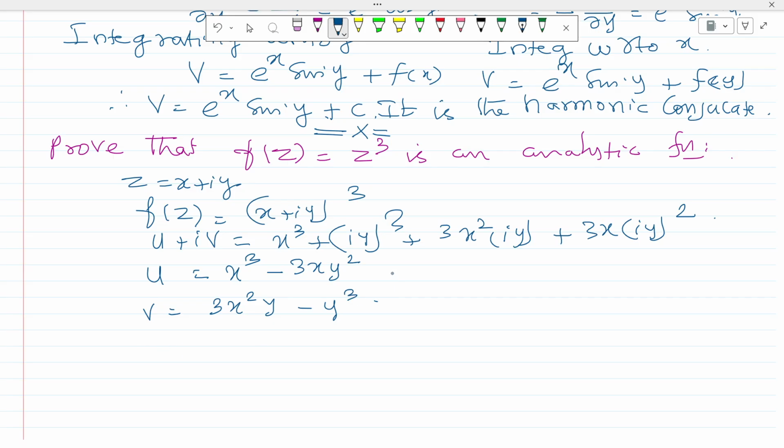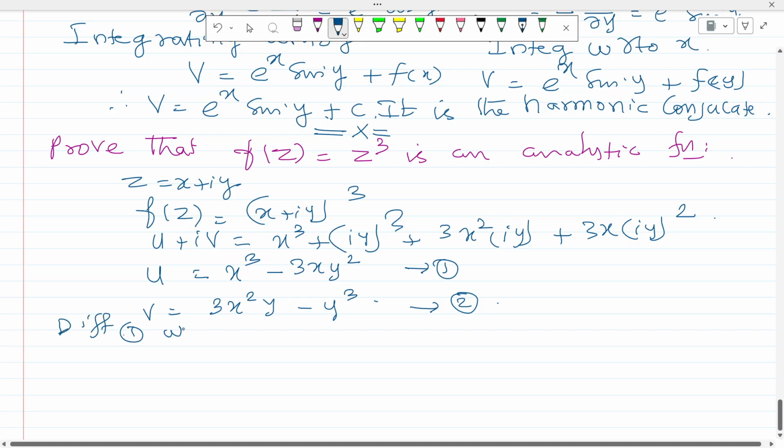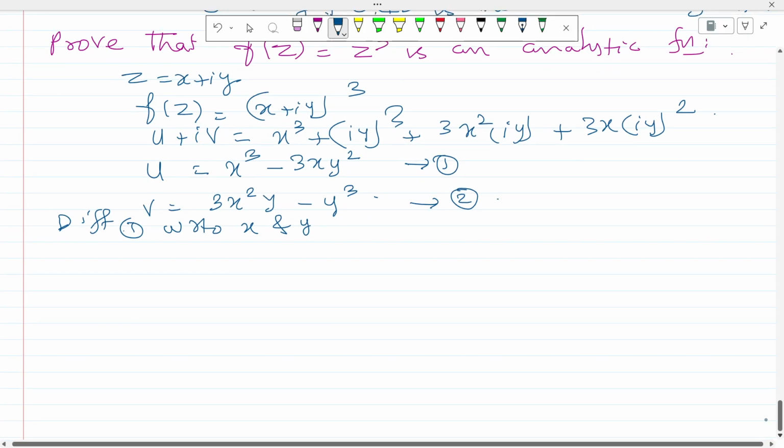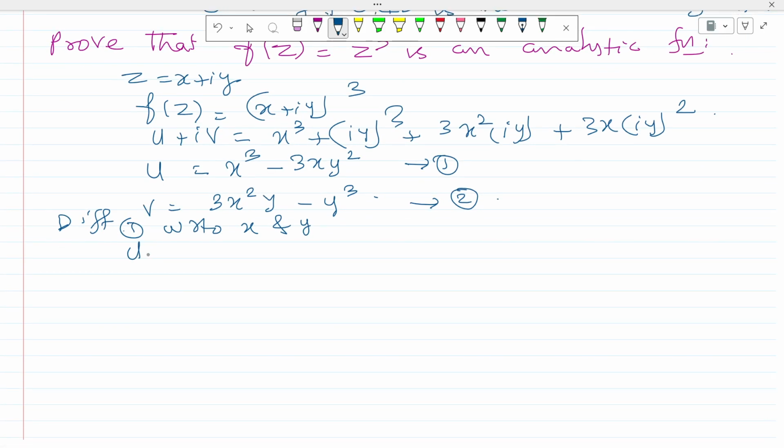Okay, fine. Then what is ux? It is equation number 1, equation number 2. Differentiate 1 with respect to x and y. Then what do you get? What is ux here? 3x square minus 3y square.